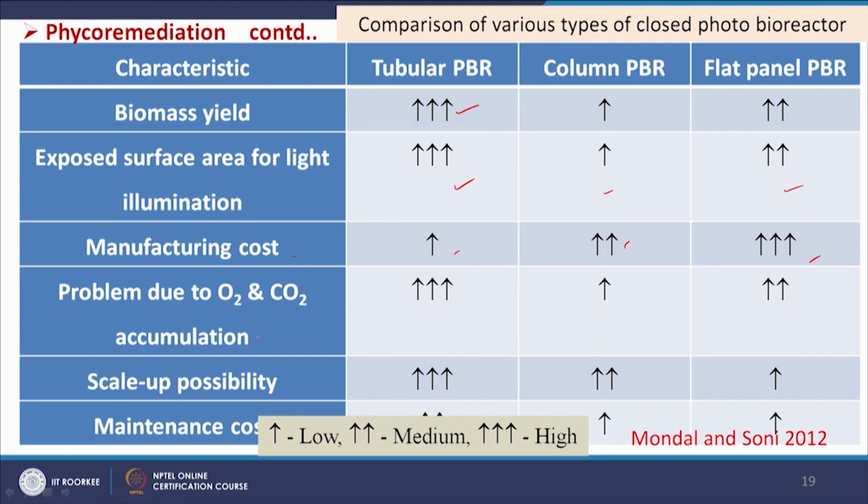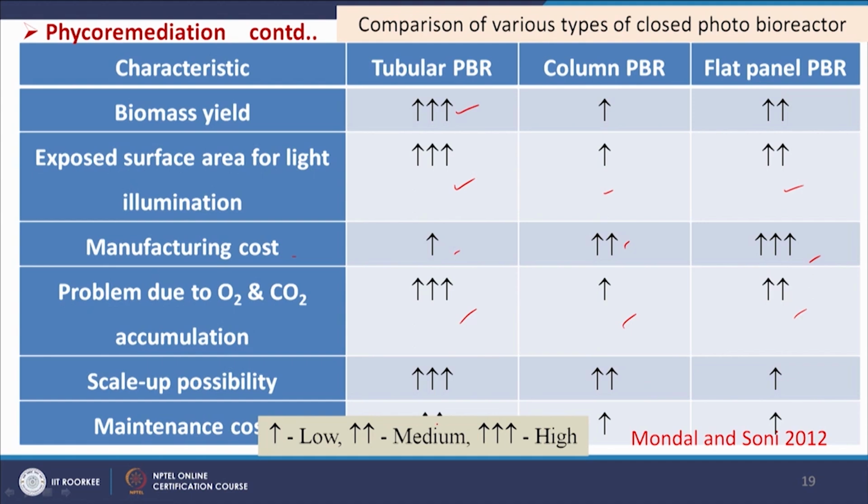Problem due to O2 and CO2 accumulation is maximum in case of tubular PBR, followed by flat panel and then column PBR. And scale up possibility is very high in case of tubular PBR, followed by column PBR and then flat panel PBR, where it is a very low possibility.